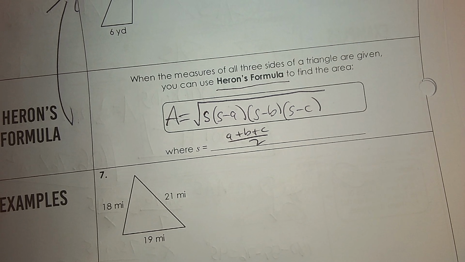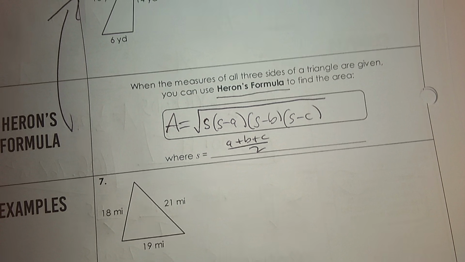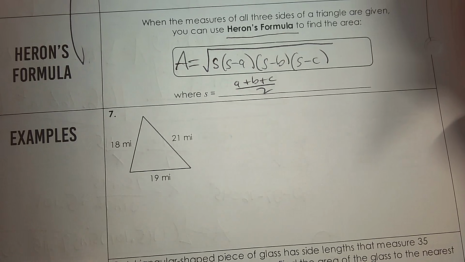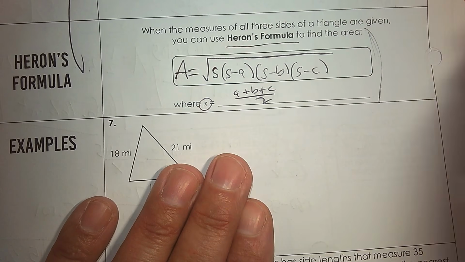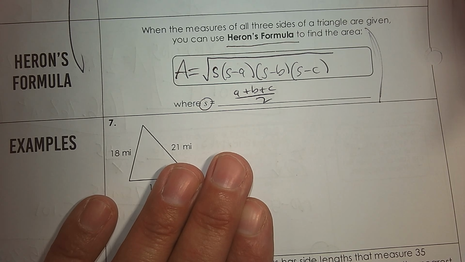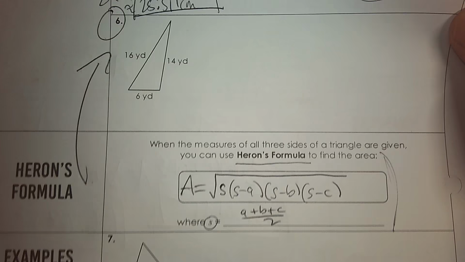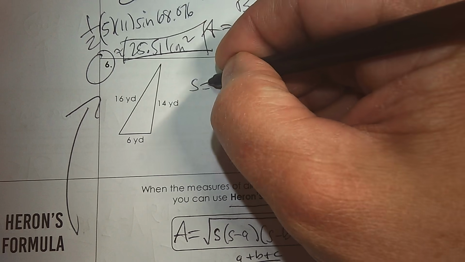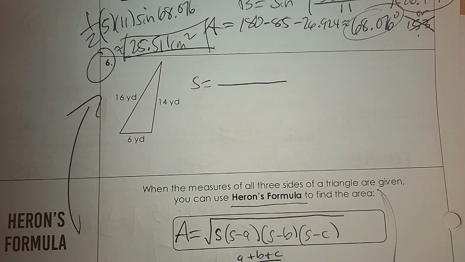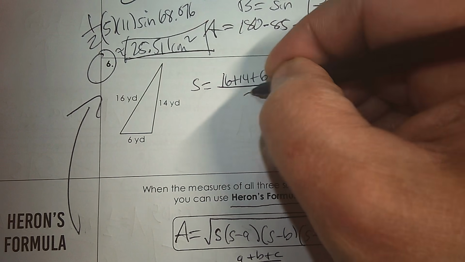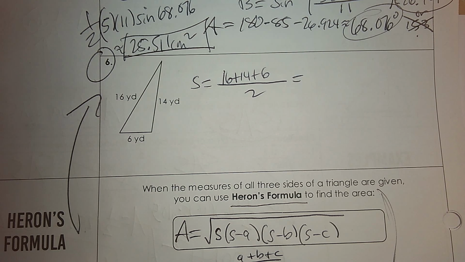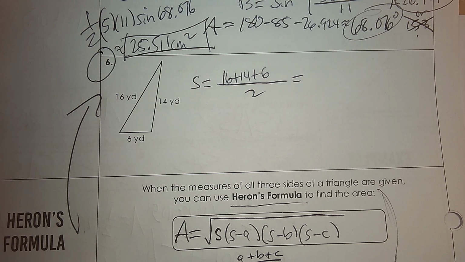So when you have a side-side-side triangle, how do you find its area? This is what you use. And you have to start with finding what's called the S of the formula. So let's go back to number 6, and we're going to find the area of it. To find the S of the formula, you have to add all three sides and divide by 2. Sometimes it's easier to do in your head because you have to add first and then divide by 2.